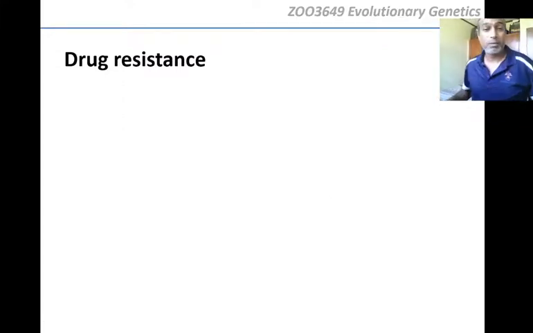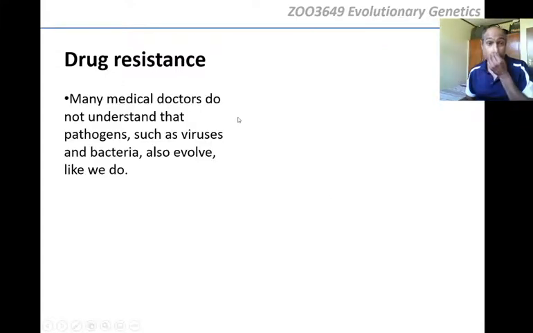Another beautiful example is drug resistance. Many medical doctors, you see, they don't quite understand evolution. Evolution is not normally on any medical syllabus, unfortunately, because I'm not sure what medics are doing if they don't understand evolution, because it's one of the most important things to understand as a medic.